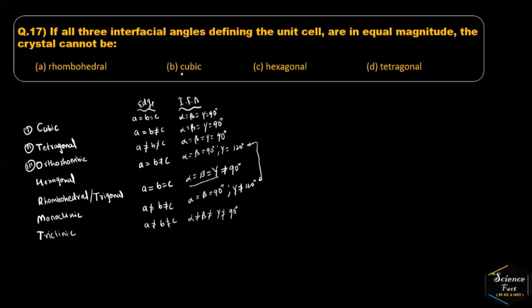In case of the cubical system, there are also all equal angles. In case of the tetragonal system, there are equal angles. They have equal angles. So answer C should be the correct option.